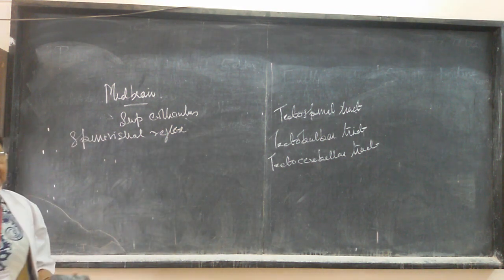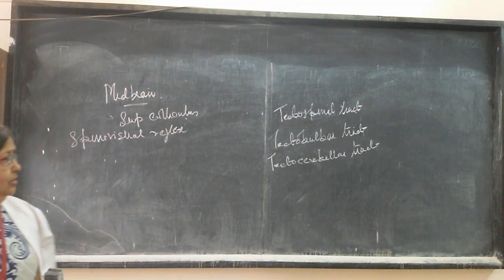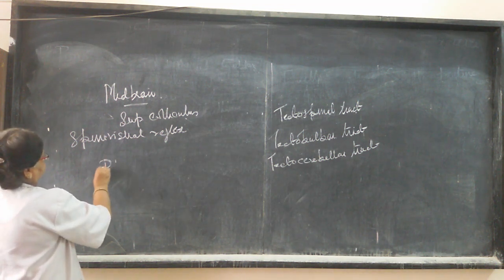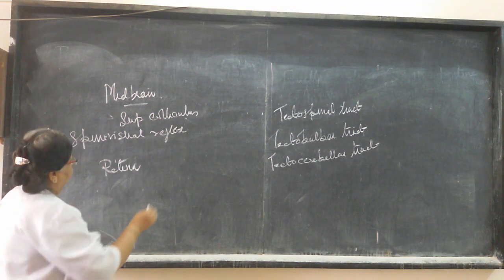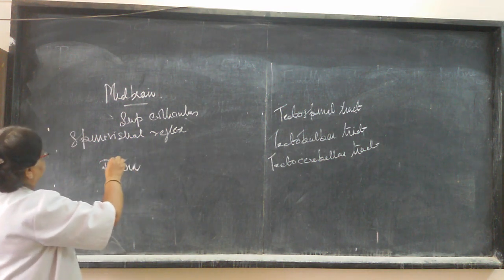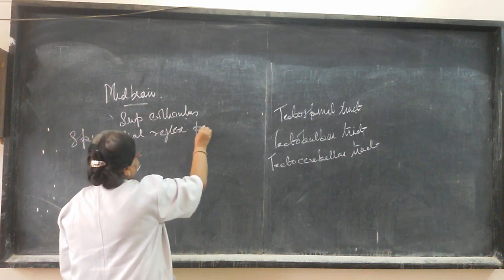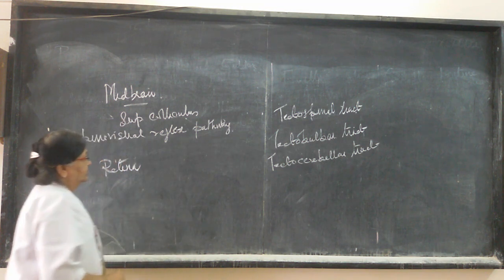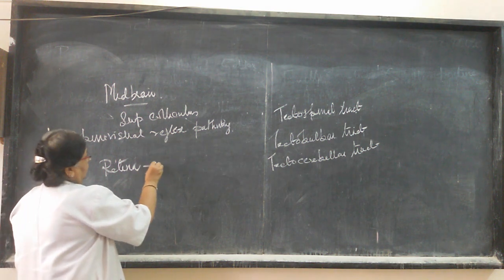Spinovisual reflex is turning of eyes and head in response to visual stimulus, and this starts from the retina. Let us try to trace the spinovisual reflex pathway. This starts from retina.